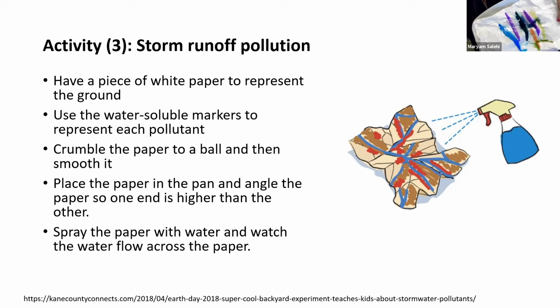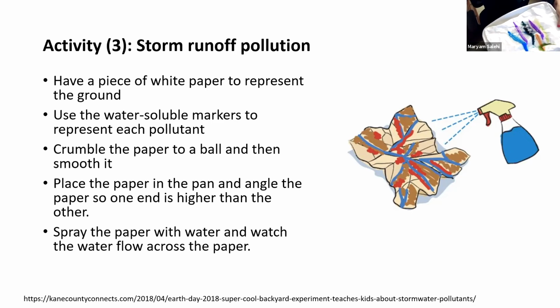You can see these are the contaminants, and with this activity, you can show the students how the contaminants that are accumulated on the ground could end up in the rainwater, and all of the contaminants could be mixed up together in the water.